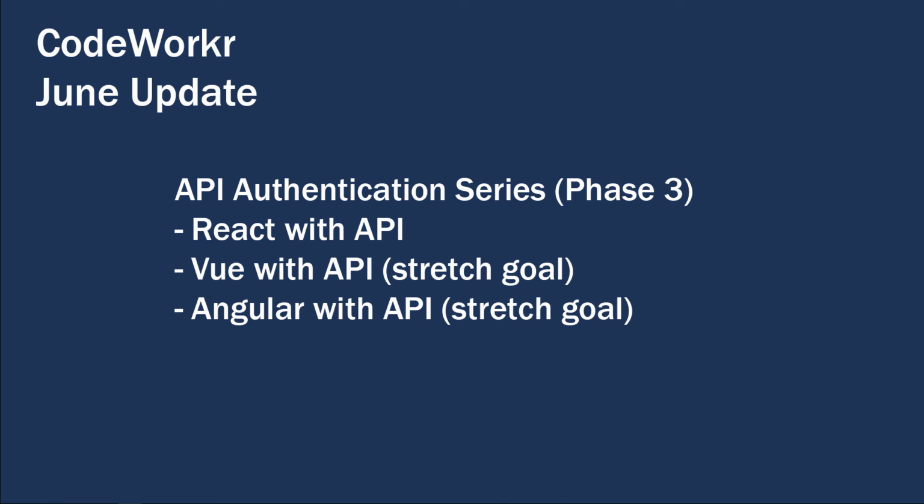The reason is I want to make sure that the videos make sense, and in case I need to go back and fix something, it would be a bit harder if I simply uploaded videos as I make them. So I'm going to hold them for a small amount of time until I have one segment completed, and then I'm going to push them to YouTube, so you don't have to wait for the entire series to be completed, and you can start working on phase 1 while I'm working on phase 2 or phase 3 of this series.